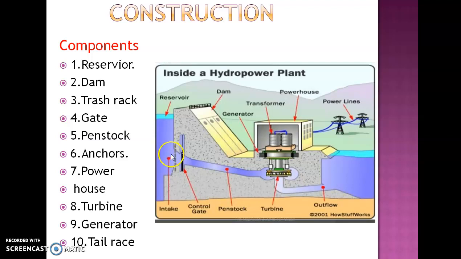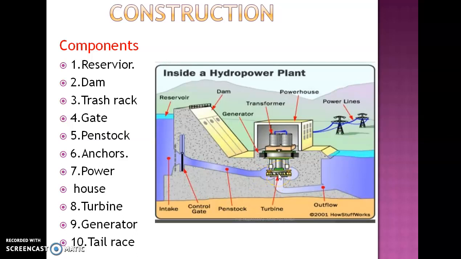So what happens through this penstock? This is a long pipe. A gradient will be given, the height will be given. So water will flow through that penstock, and with very high velocity it will impact the turbine blades. So it will start to rotate, and the hydraulic energy will be converted into mechanical energy.